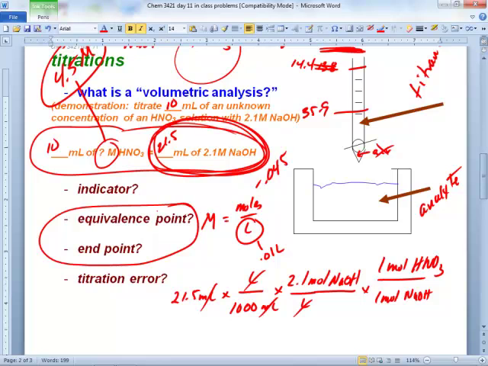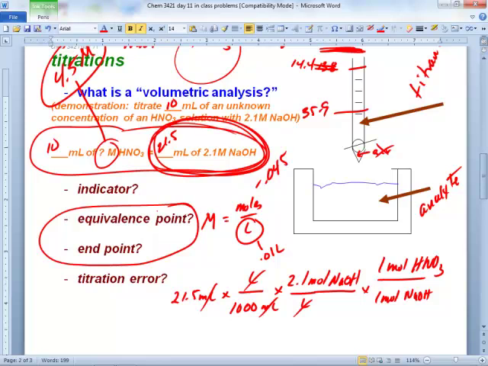Just do a blank titration. Get a beaker, nice clean one. You dump in the same amount of water that we used for this guy, dump in the same number of drops of indicator, and titrate them. It's not going to require much, but it will require something. A half a mil, depends on how big the error is. And then you subtract it from this.